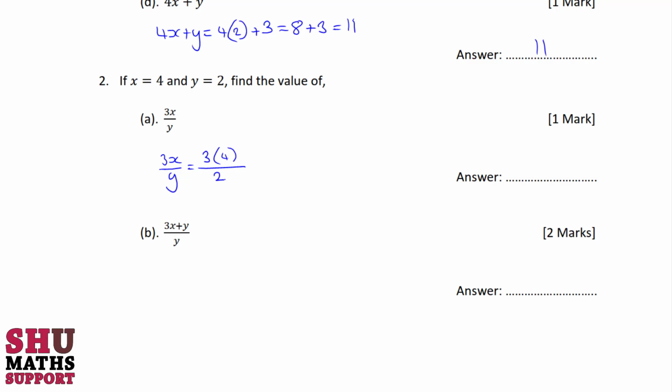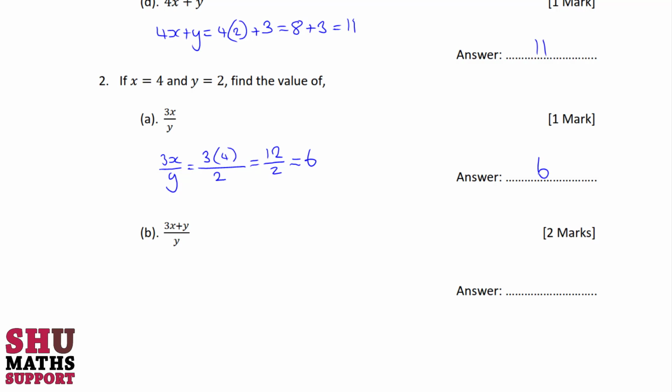So that means we have 3 times 4 divided by 2. And then we'll simplify this. So 3 times 4 is equal to 12. So we have 12 over 2. And 12 divided by 2 is equal to 6. So the answer is 6.